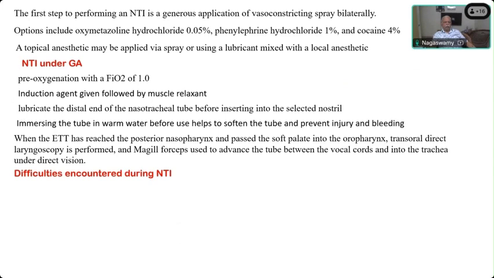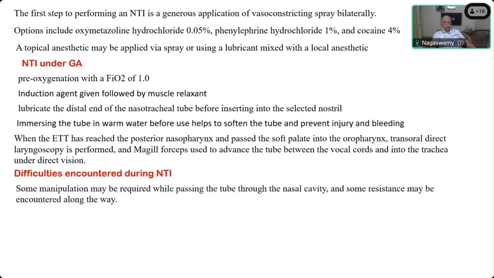So what are the difficulties you can encounter during this procedure of nasotracheal intubation? Some manipulation may be required while passing the tube through the nasal cavity, as you may sometimes feel some resistance.